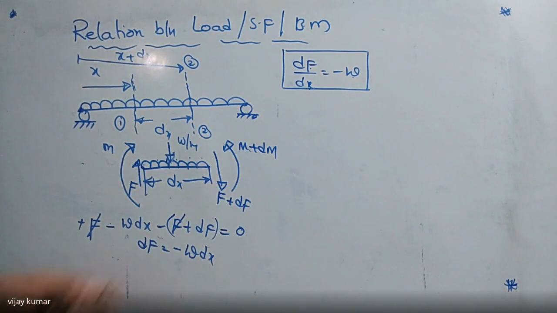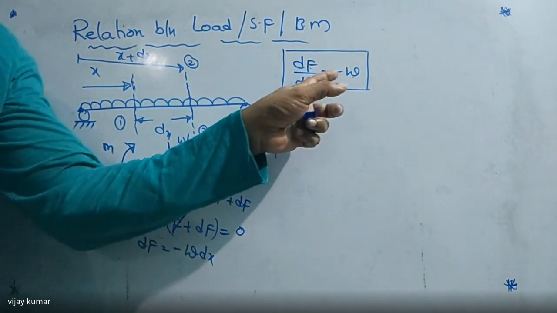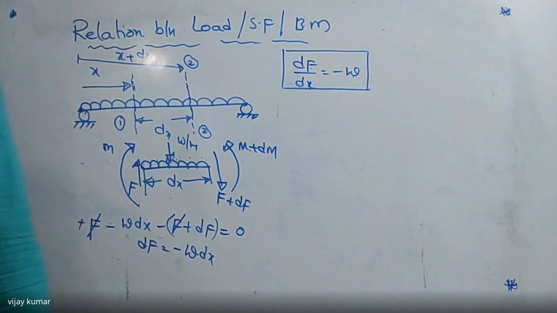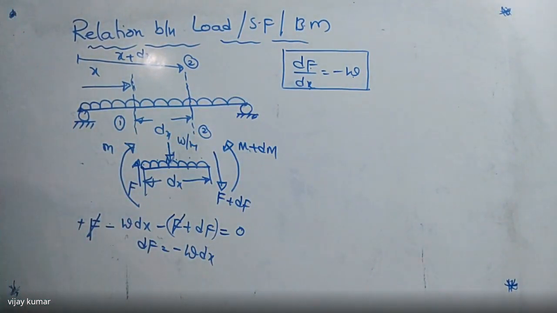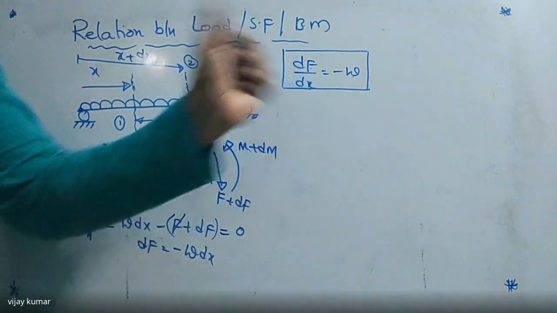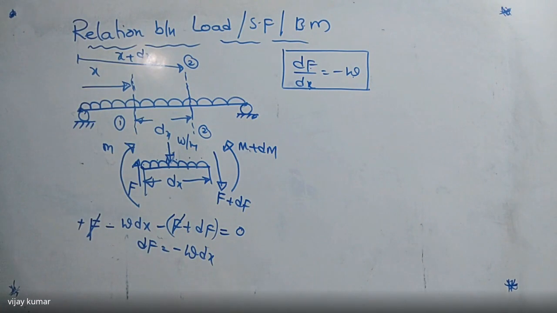That is nothing but the rate of change of shear force is always equal to the rate of loading. So that is the meaning of this equation. That is the relation between shear force and load along the length of the beam.